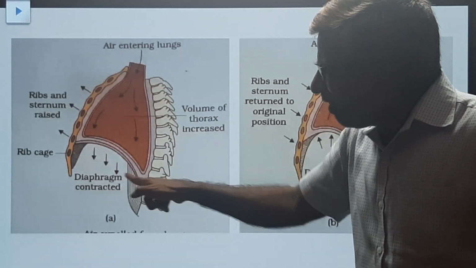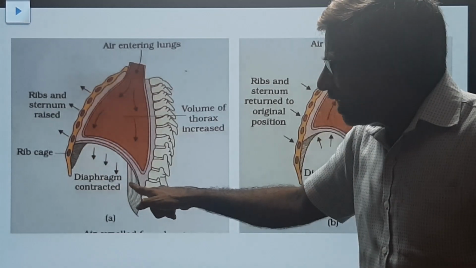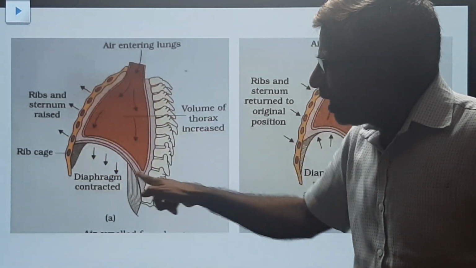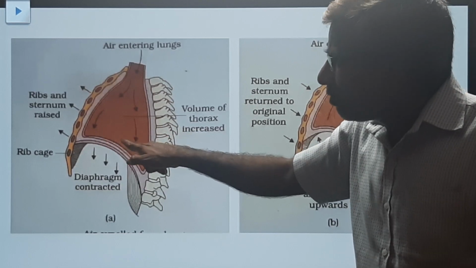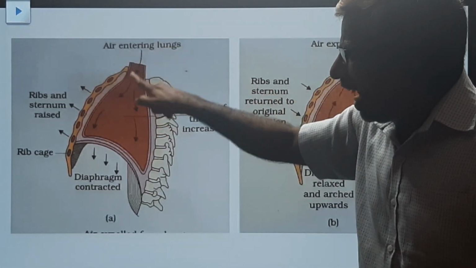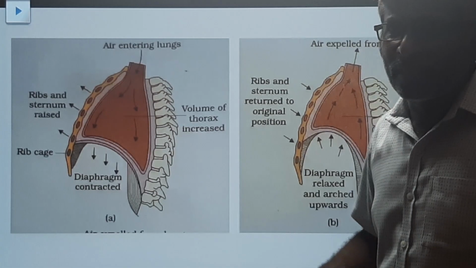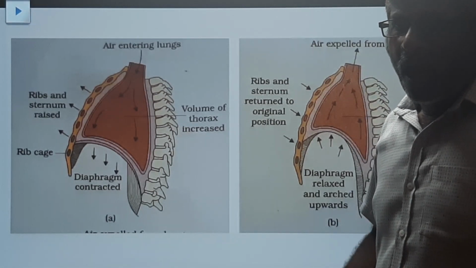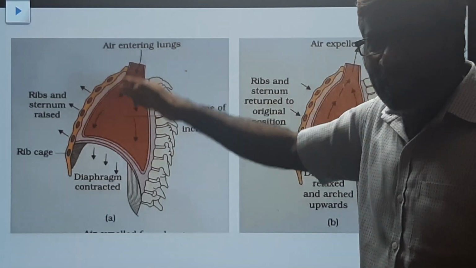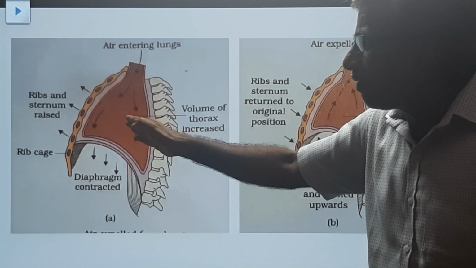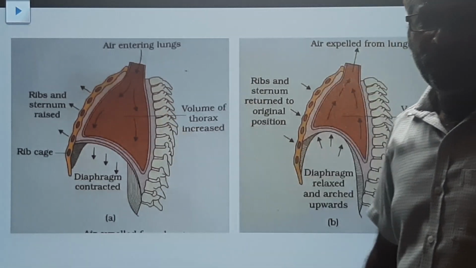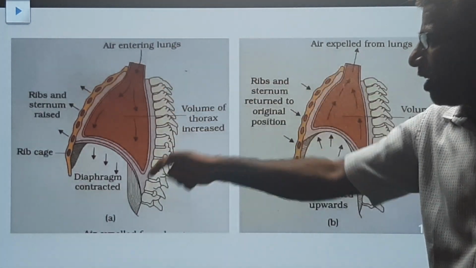So the thoracic cavity volume increases, the volume in the lungs also increases, and naturally the pressure decreases. That's why outside air enters into the lungs because of the low pressure inside the lungs. This is called inspiration.